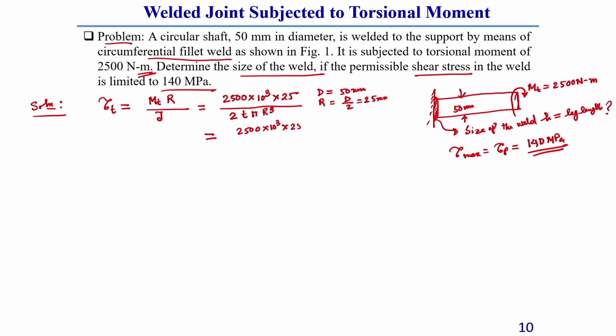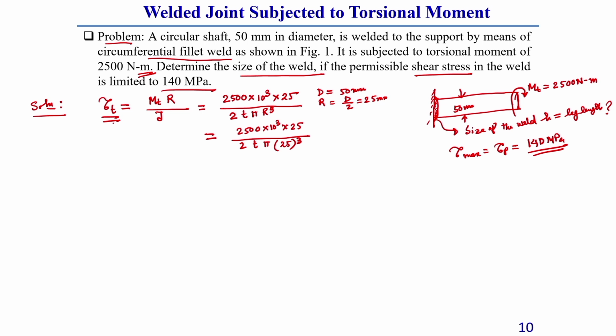Radius is 50 millimeter by 2, that is 25 millimeter, divided by 2 t pi r cube, with 25 to the power 3. This is the torsional shear stress.